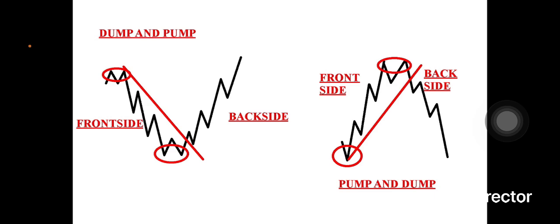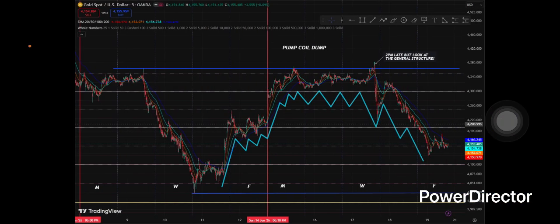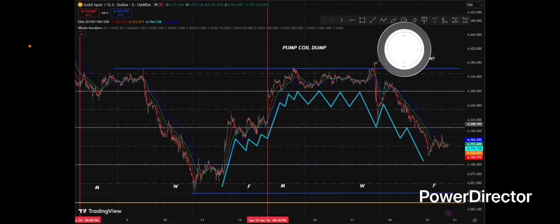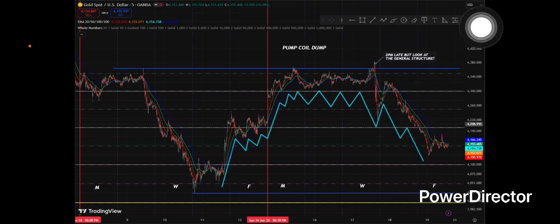All right. Now let's take a look at some of these charts from last week. Here we're looking at gold, and we're looking specifically here on Wednesday, maybe Thursday, but really here we're just looking at the general structure, because on Wednesday, that was a news release, 2 p.m. So that's late.